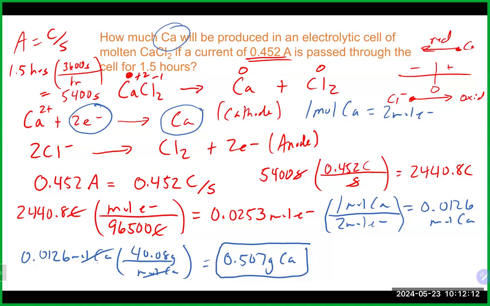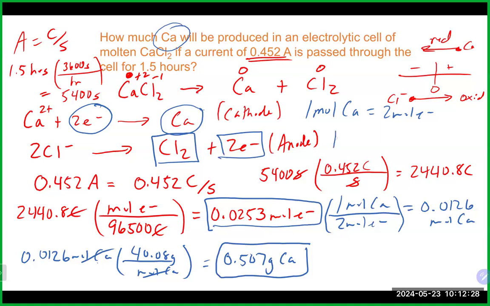Now, if I was also interested in chlorine, I could pick it up from here and do the same thing. The relationship between chlorine and the electrons happens to be similar: 1 mole of Cl2 gives me 2 moles of electrons.